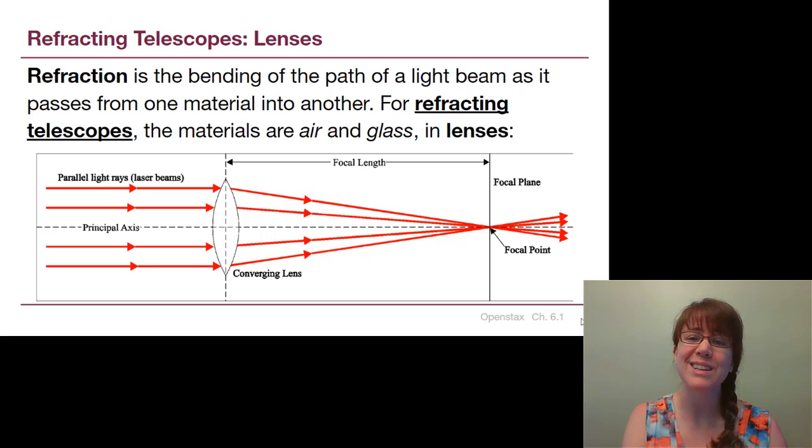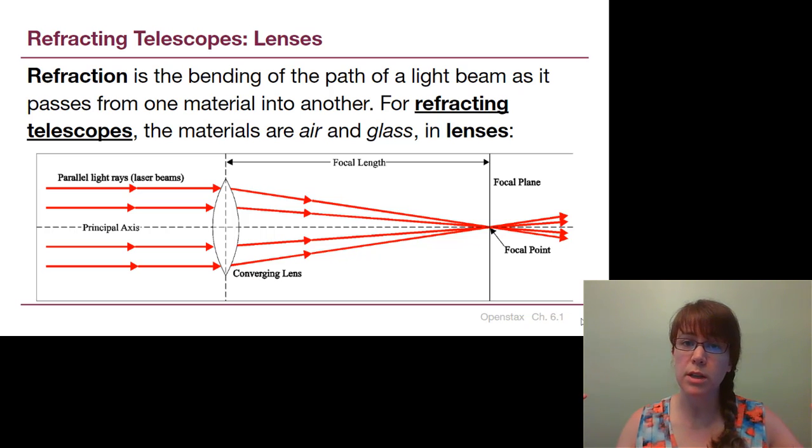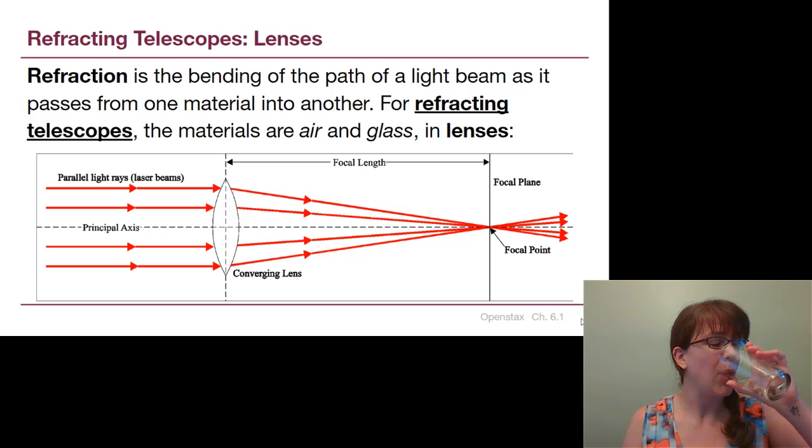It refers to the bending of light when it goes through different materials. We actually thought about this briefly without using that word back when we were discussing the nature of light, because Isaac Newton sent light through a prism and it refracted, it bent to make a rainbow.